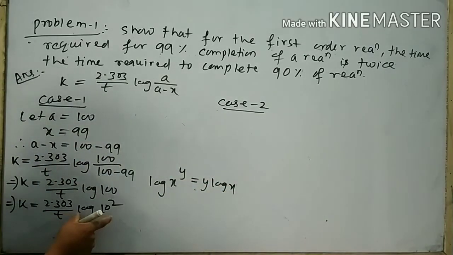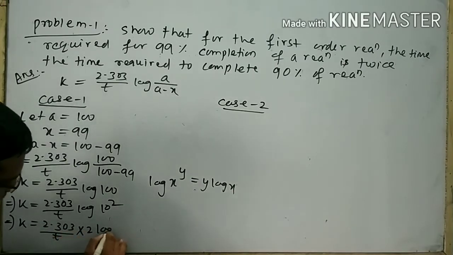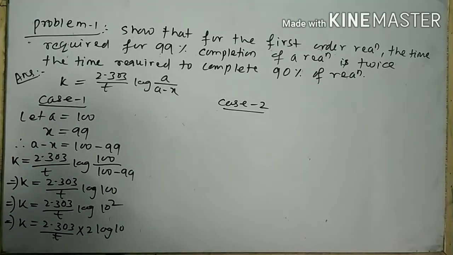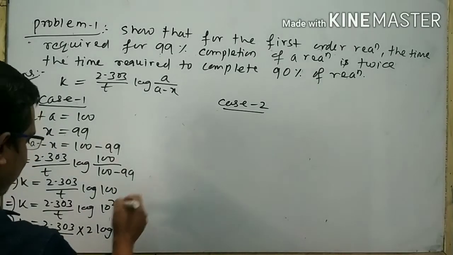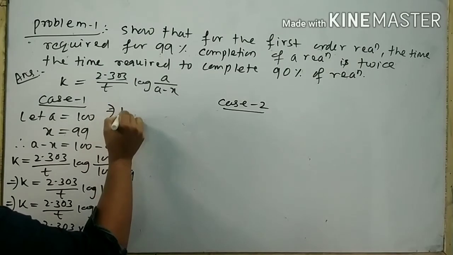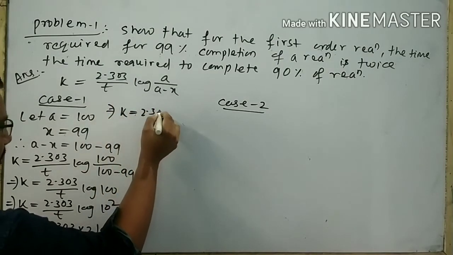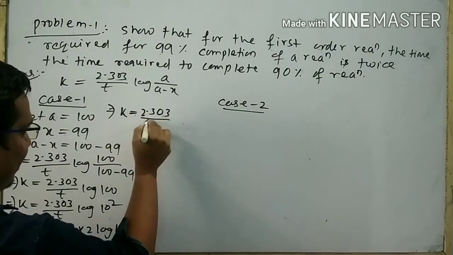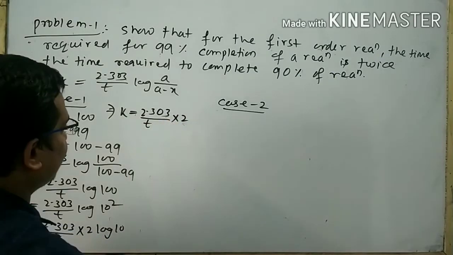Now convert this, log 10 square is equal to 2 log 10. So we can write k equal to 2.303 divided by t into 2 log 10. The value of log 10 is 1, so k is equal to 2.303 divided by t into 2.